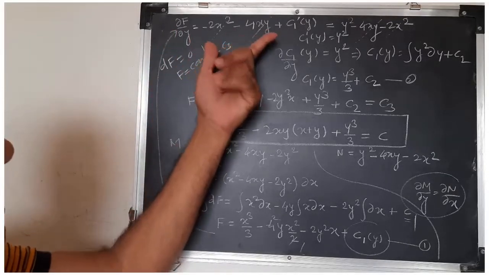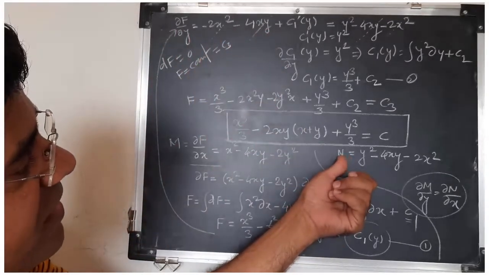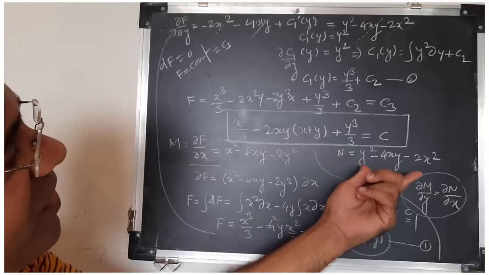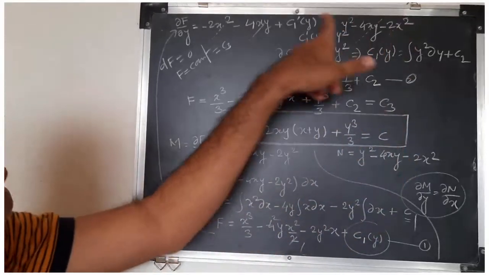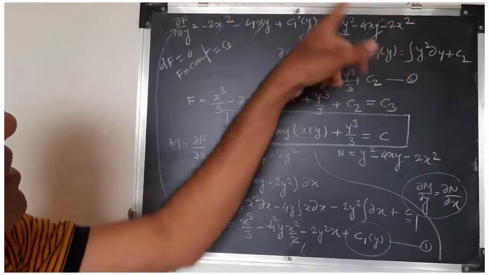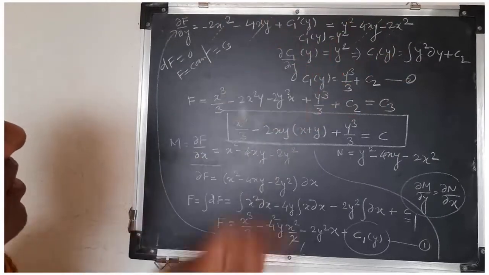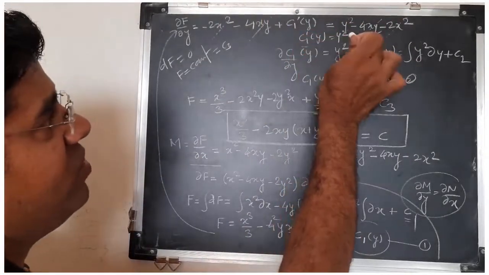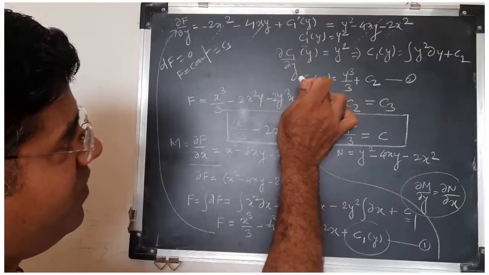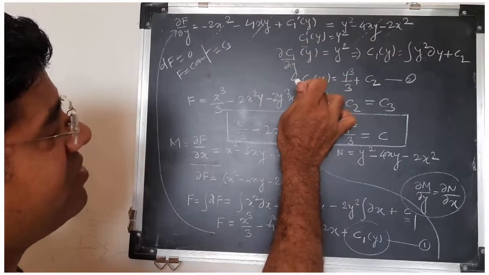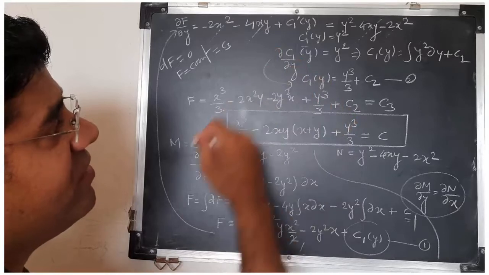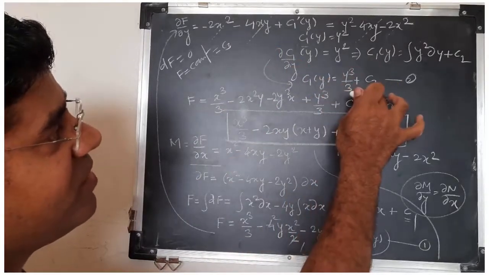This N is nothing but del f by del y, so we equate this term over here, cancel the equal terms on the left and right hand side, and get the result. Now the aim is c1, so again I integrate the given function and get this particular value.